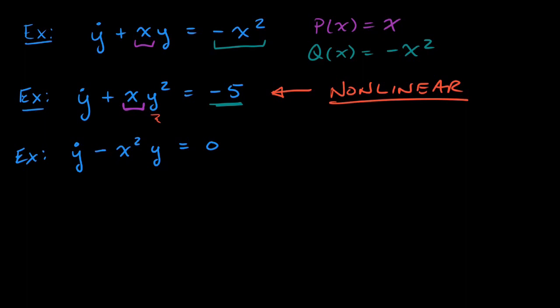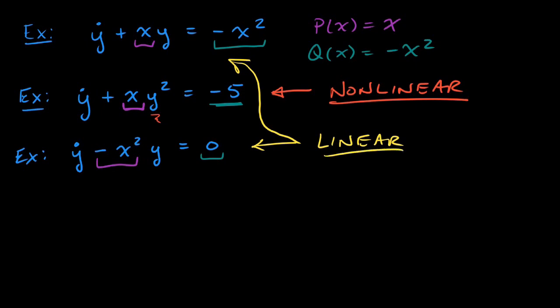Well, we have a condition here that p of x equals negative x squared, and we have q of x equals 0, which is, again, a boring constant function of x, but it still satisfies our structure, so it is going to be a linear differential equation. Guess I didn't mark this one up here. This one's also linear. All right, so those are both linear differential equations.